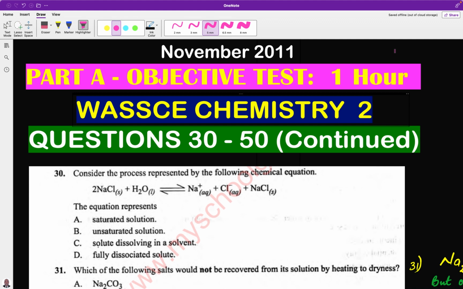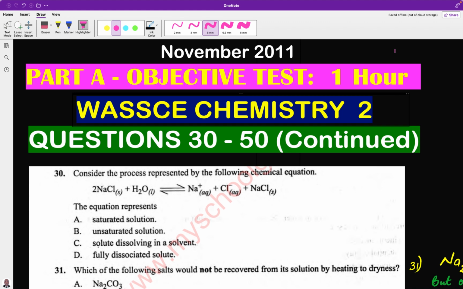In such a solution, we will term it a saturated solution. It cannot dissolve more of the solid. The solid can no longer dissolve.